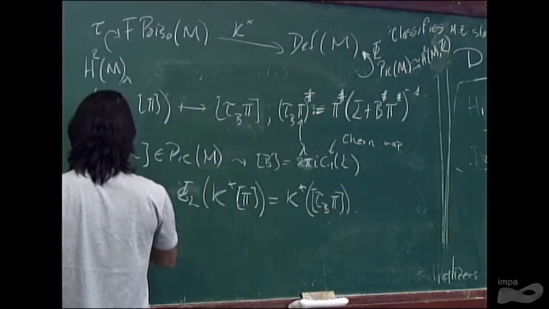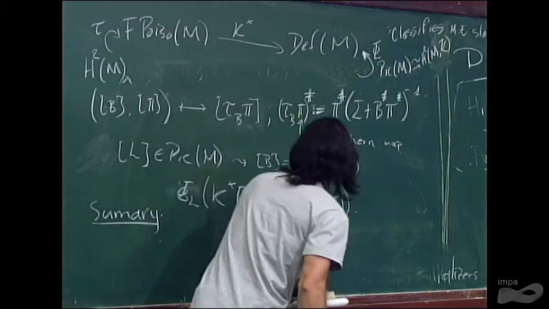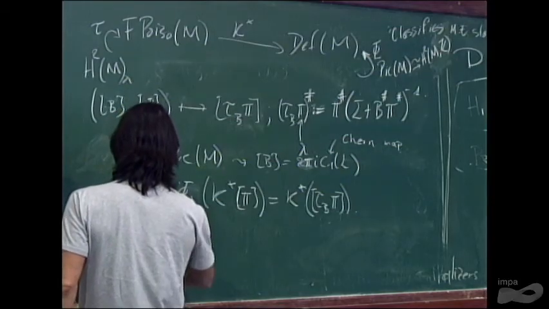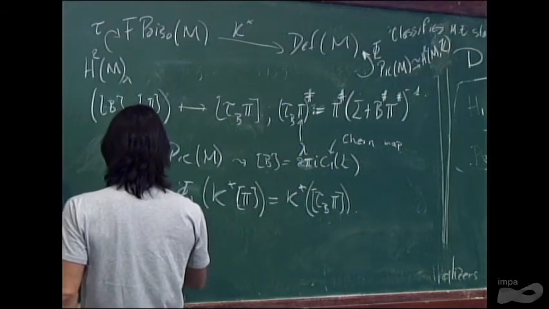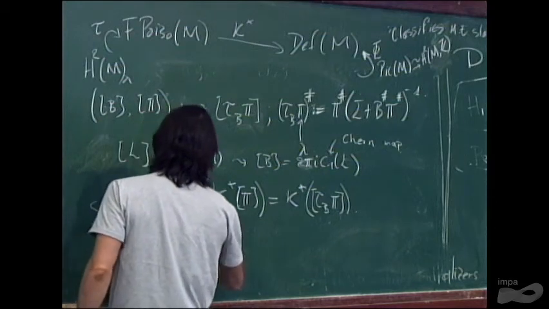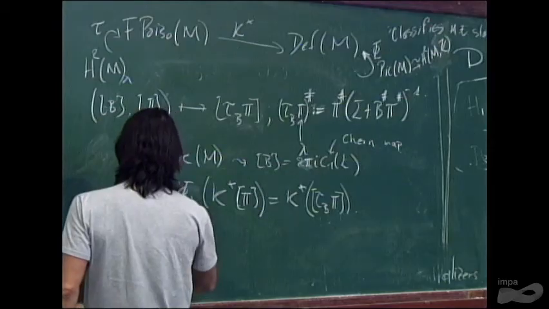So we can summarize in the following diagram. We have here B-field equivalence in this set.